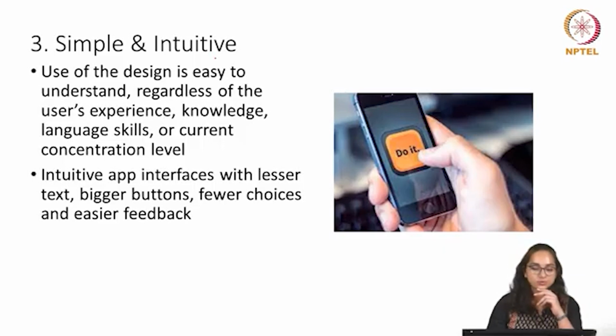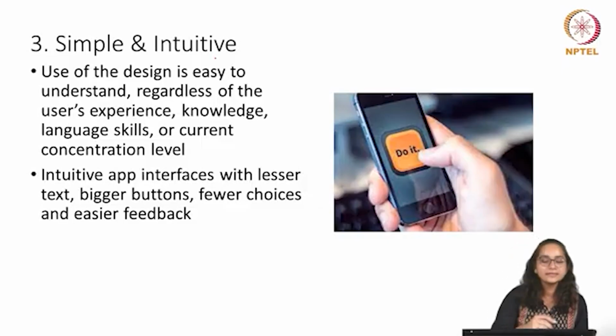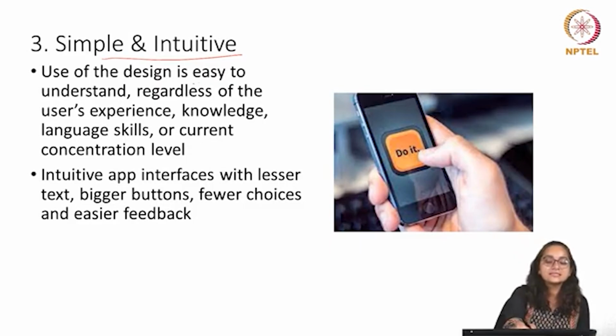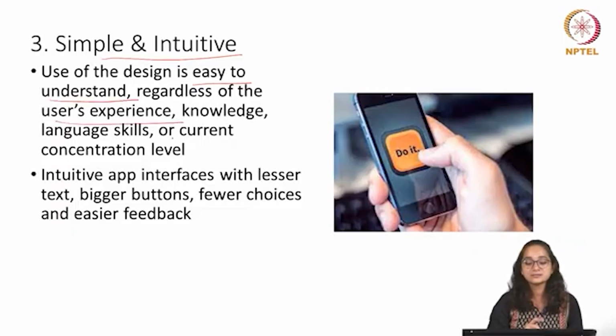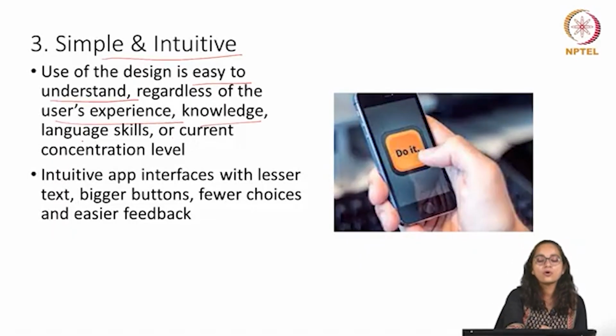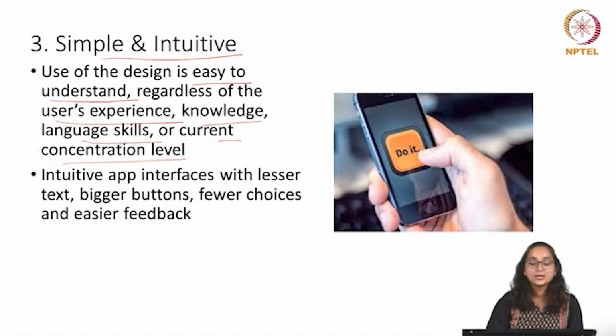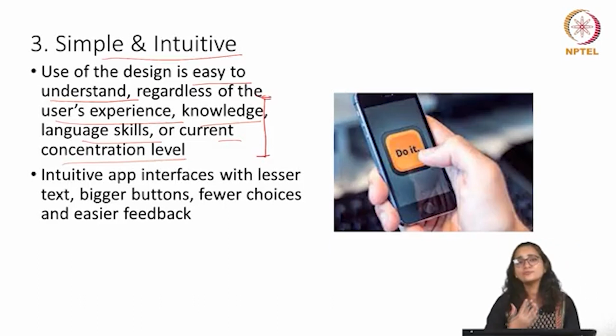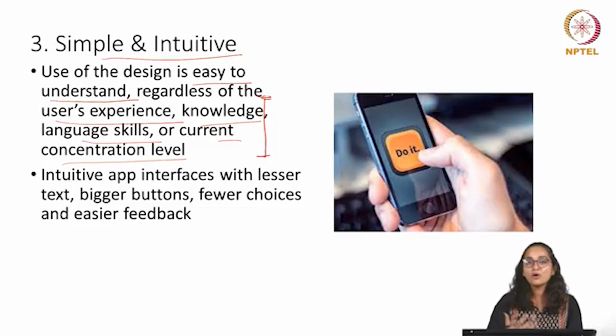So the third is simple and intuitive, that your design needs to be simple and intuitive, easy to understand. So the use of the design is easy to understand regardless of the user's prior experience or knowledge or language skills or current concentration level. So when we say all of this, what kind of people are we able to accommodate?